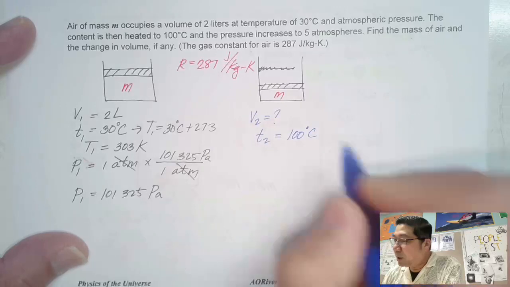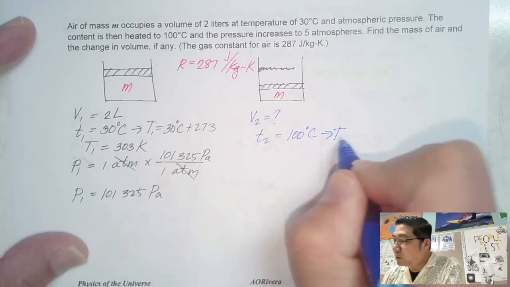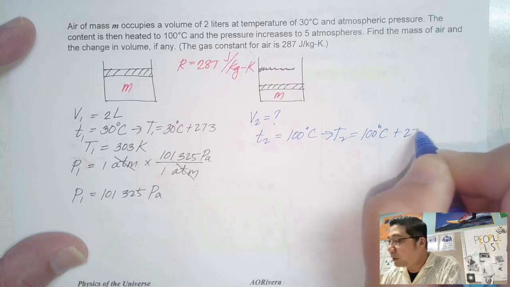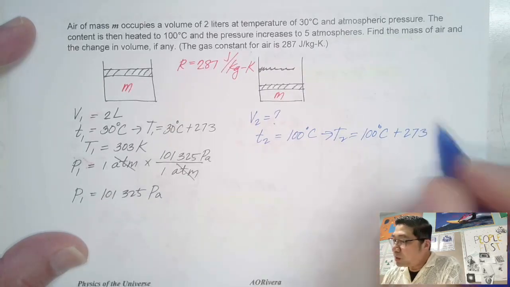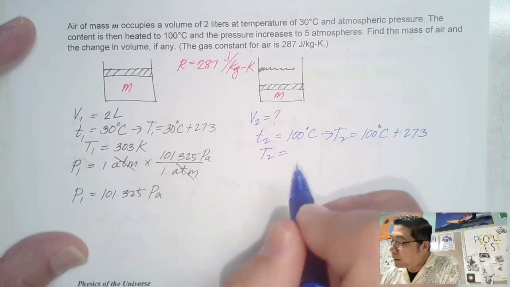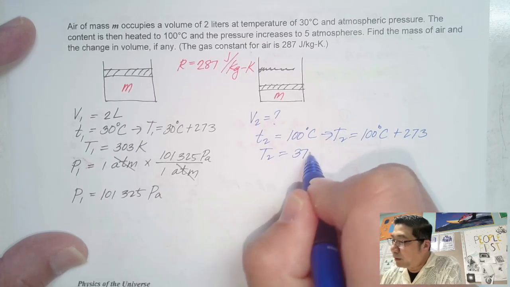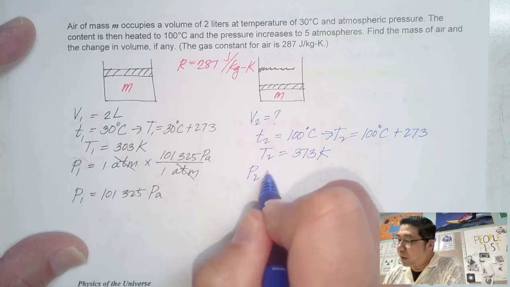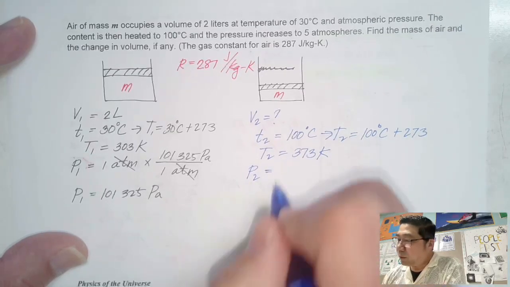So to change it to T2, that is 100 degrees C plus 273. That is 373 Kelvin.